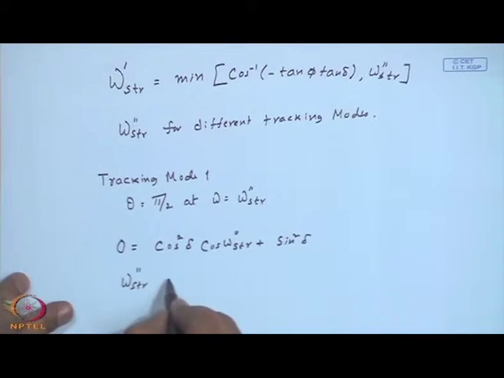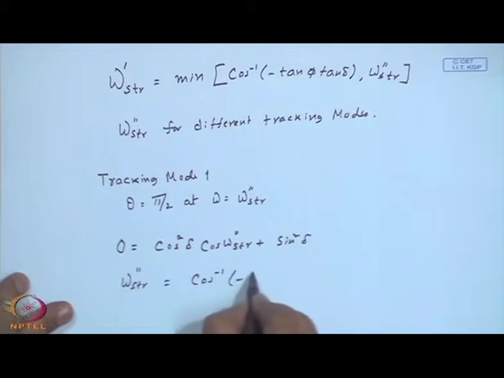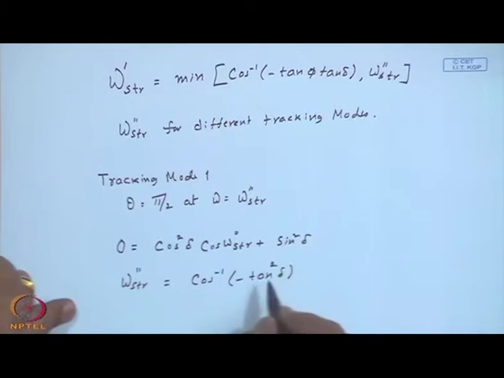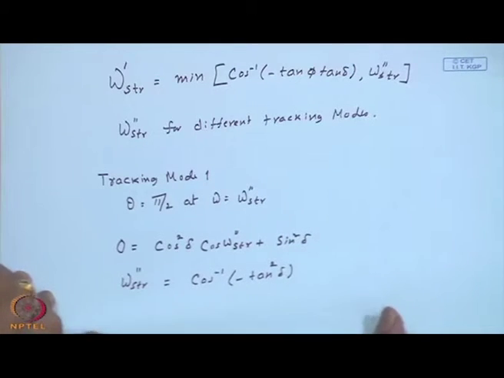Omega S Tr double prime thus will be equal to cos inverse of minus tan squared delta. This coincides with our south facing surface, because phi minus beta is equal to delta. Cos inverse of minus tan of phi minus beta times tan delta now becomes minus tan squared delta.